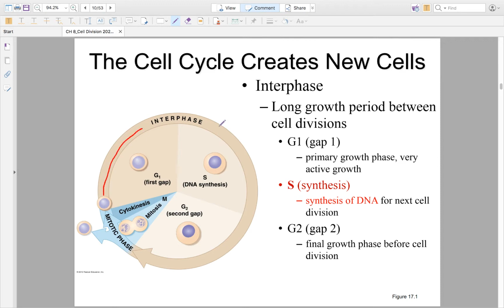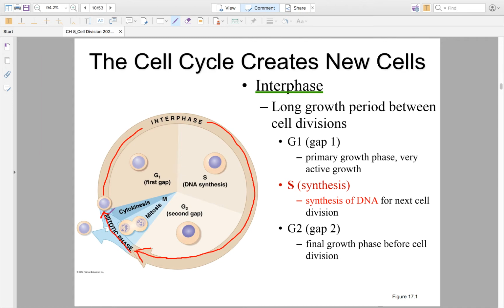This whole thing goes all the way around. It takes up most of the cell cycle, because it is the longest part of the cell cycle. It's called interphase. The second part of the cell cycle is called the mitotic phase. See this little blue slice of the pie? That is the mitotic phase.